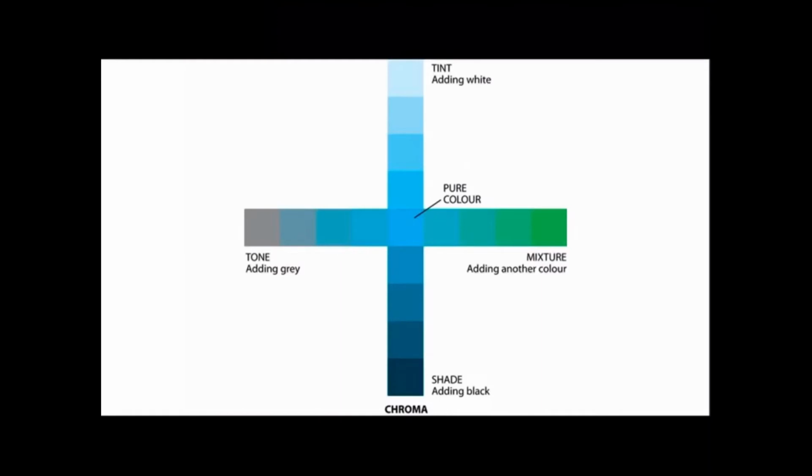So the pure color in the middle is actually called the hue color, and we'll talk about that more later. And this is a monochromatic painting. Monochromatic is just the lightness and darkness of a color, so a tint or shade of one color, and in this case it's purple.